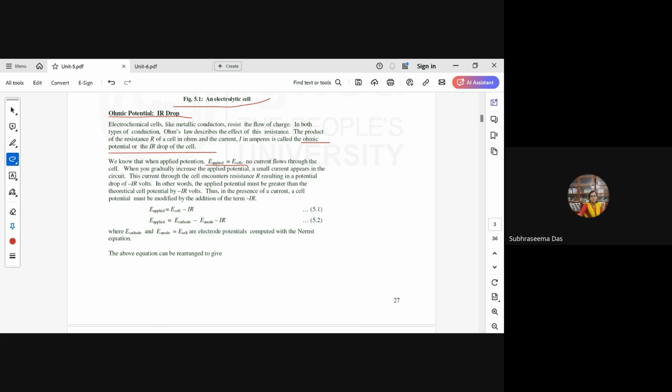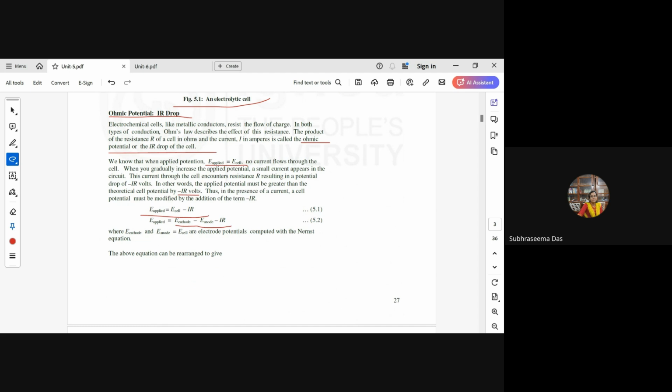This current, when it flows through the circuit, encounters a resistance, a potential drop that is minus IR. So the applied potential must be greater than this ohmic drop, only then can the current flow inside the circuit. Mathematically, E applied is equal to E cell minus IR, and E cell can be represented as E cathode minus E anode.